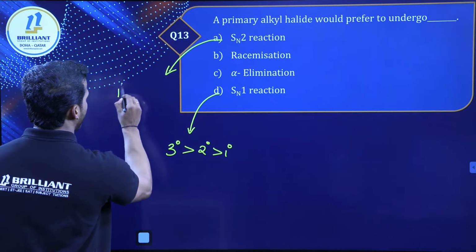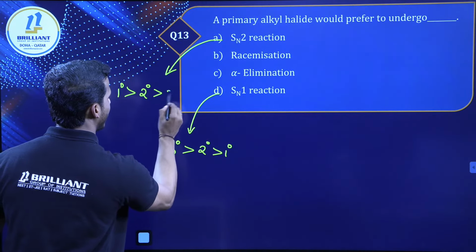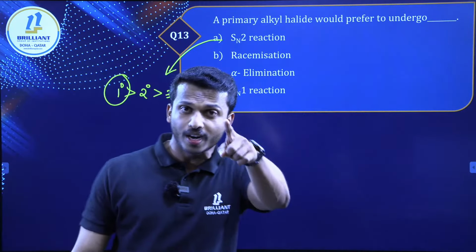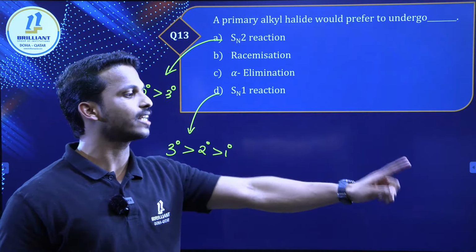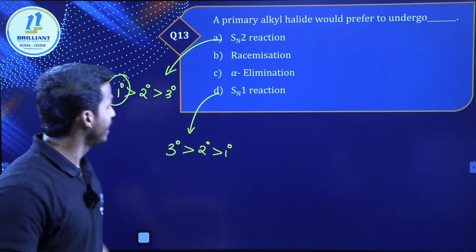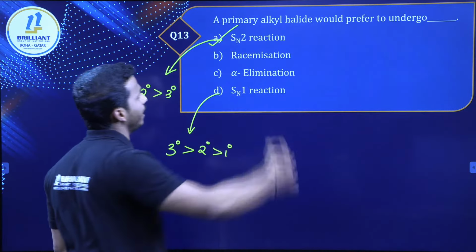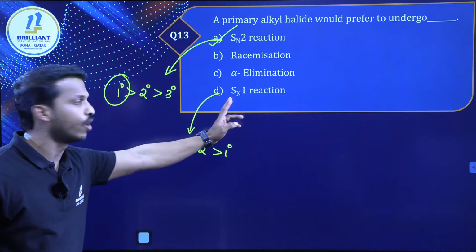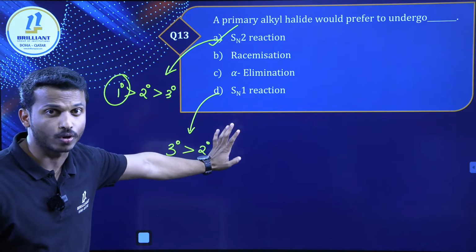So the order is primary greater than secondary greater than tertiary. Yes, a primary haloalkane prefers to undergo the SN2 reaction, and tertiary is ready to undergo the SN1 reaction. I hope there is no confusion.